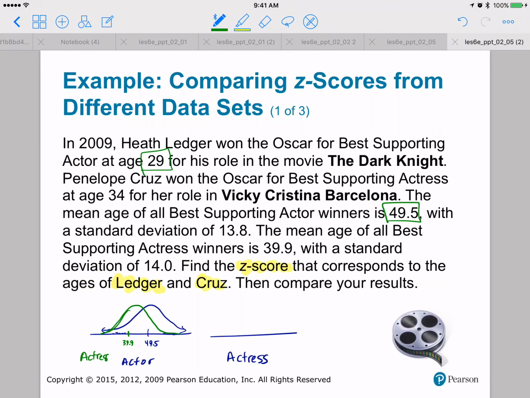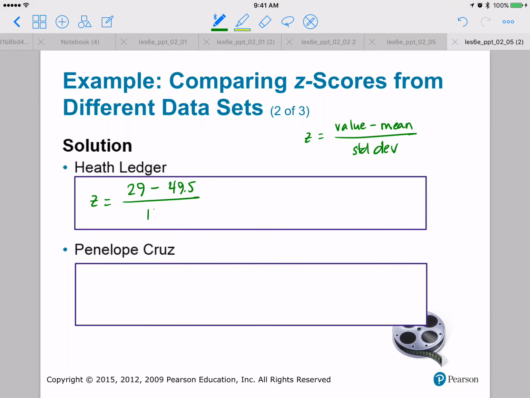over the standard deviation. They have to give us the standard deviation. The mean age for Best Supporting Actor winners is 49.5 with a standard deviation of 13.8. So over 13.8. And now what is 29 minus 49.5 divided by 13.8?